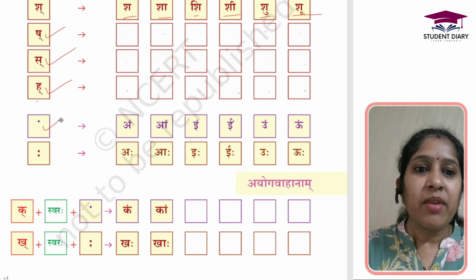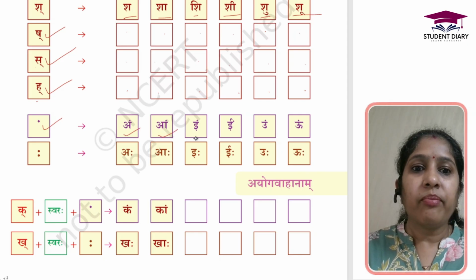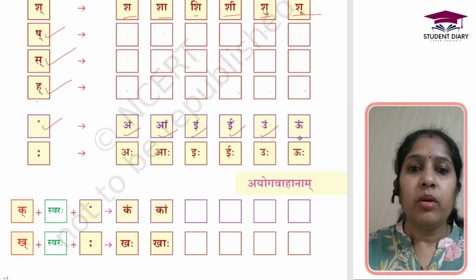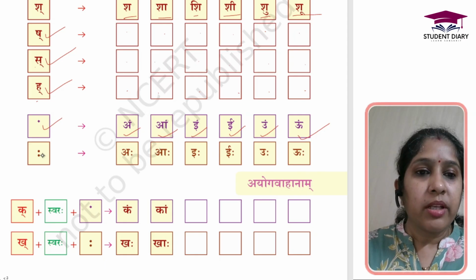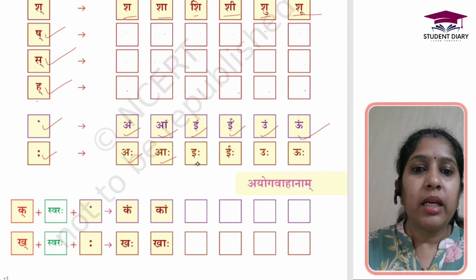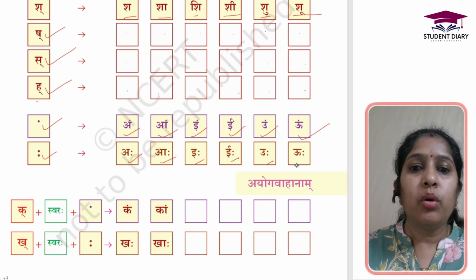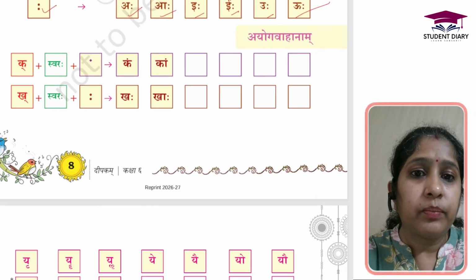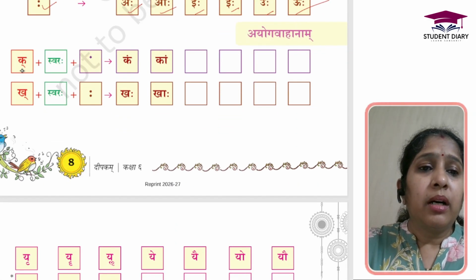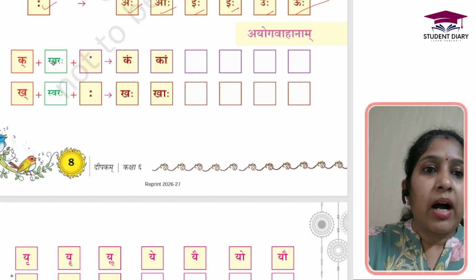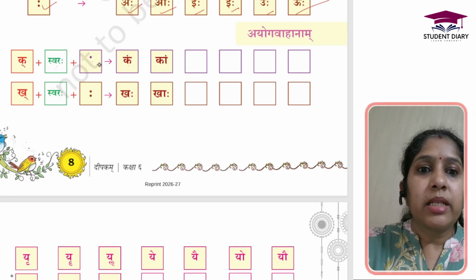Now, if we are putting the anuswar ki matras, it is am, im, um. And then if you want to say visarg, it is aha, ihi, uhu. Correct? So now with ka, and then any swar is there, and then a matra is there. So if it is anuswar ki matra, it is kam. Then if a is there, ka plus a plus dot, anuswar is there, so it is kam.